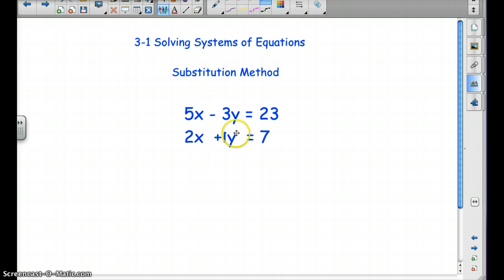So in this case, we could solve for this y and then substitute back into this other equation. So that's what I'm going to do at this time.